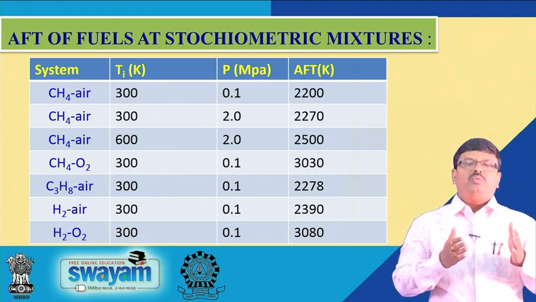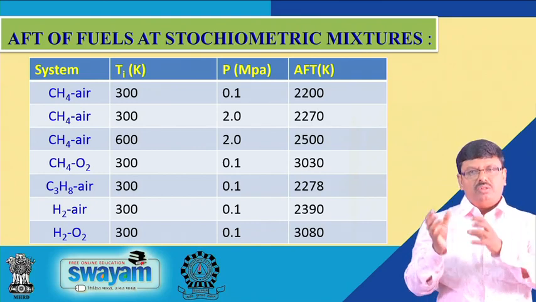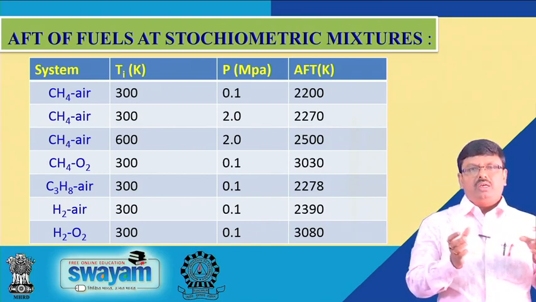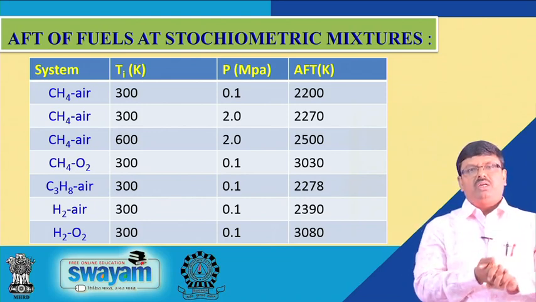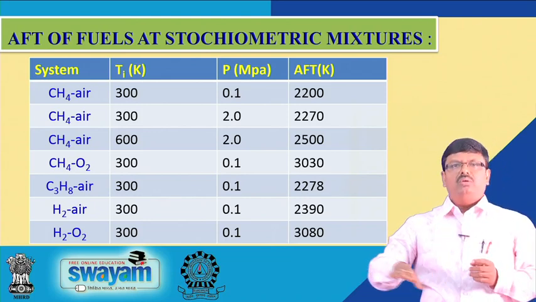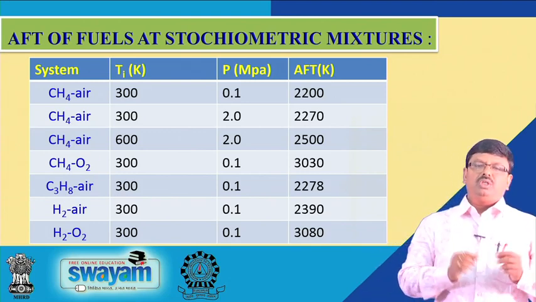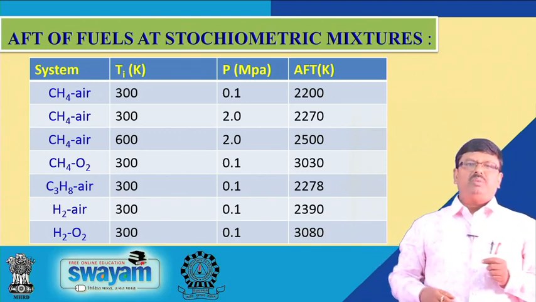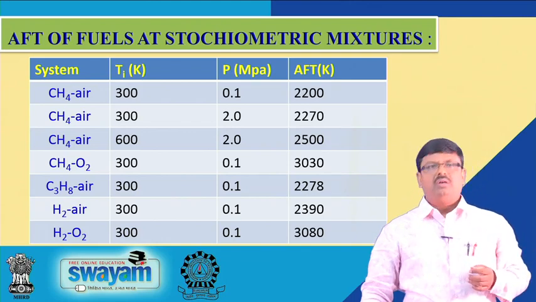Where air is there, I mean nitrogen is there, it will absorb much heat, so the temperature will go on decreasing. And here for hydrogen oxygen, again you see this noticeable figure, 3080, this is the temperature that we can have.